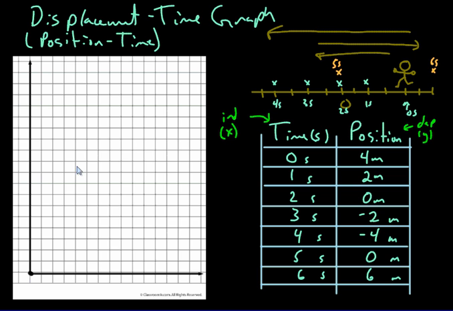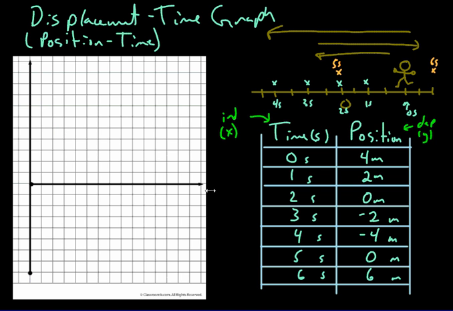Now there's one issue that I haven't looked at, and that's that we're going to need some negative values on here. So if that's the case, then we have to make sure we leave room to put stuff in the negative. And now we're going to look at our graph, and we're going to see what our values are, and we're going to try to space this out so we use this space as efficiently as possible.